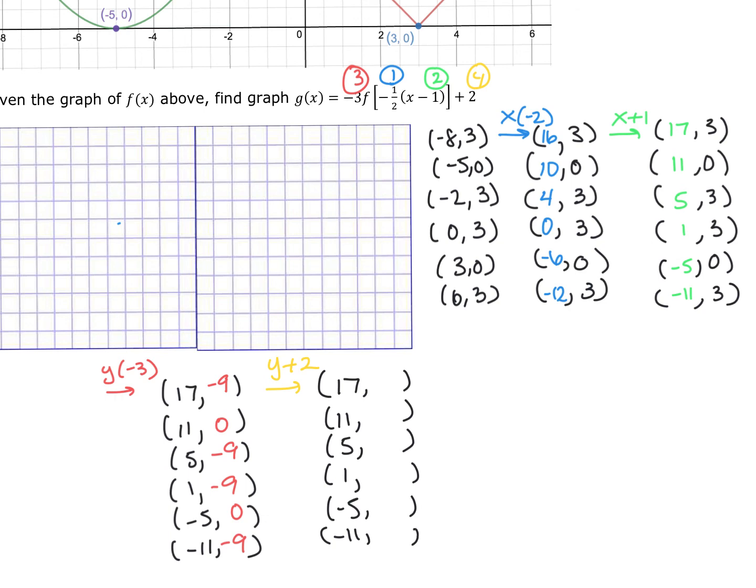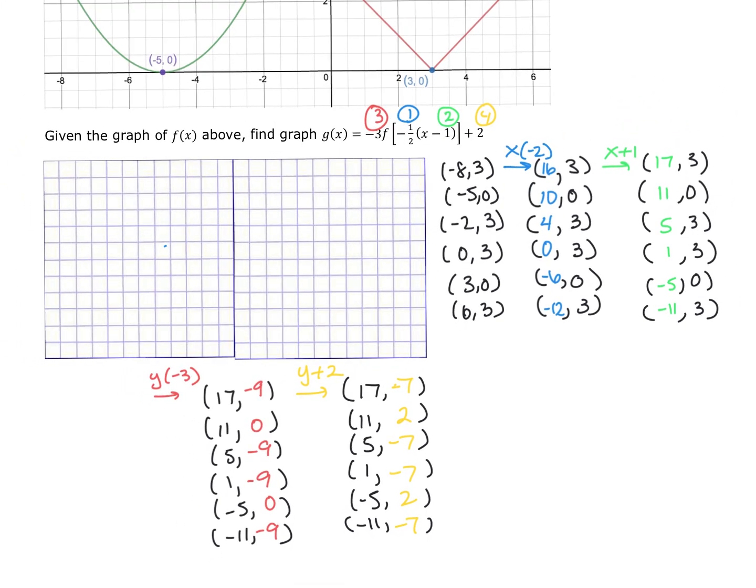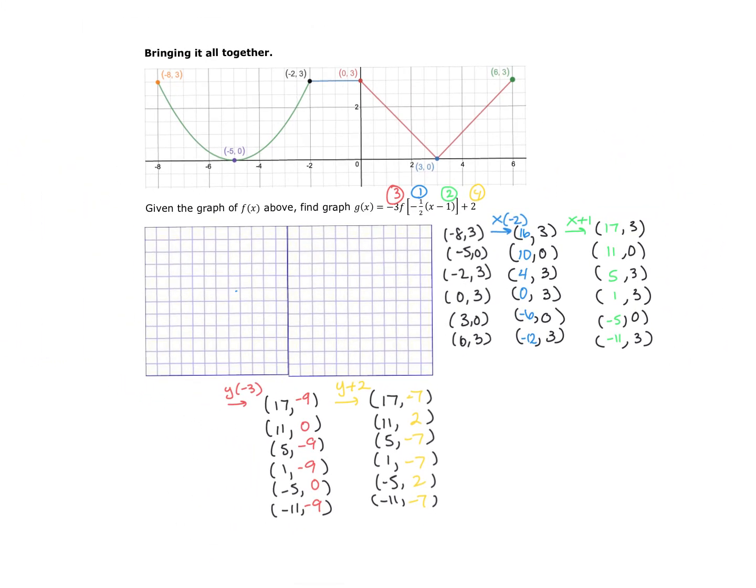All my y's are going to add 2, so this becomes negative 7, this is 2, negative 7, negative 7, 2, and negative 7. Okay, so now I'm going to show you what happens. So if this is the point A, it now goes to a positive 17 and a negative 7.